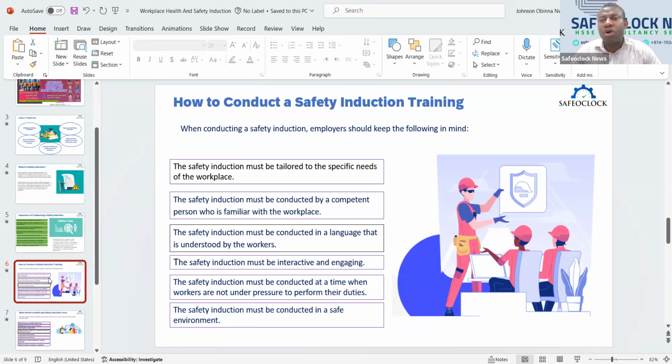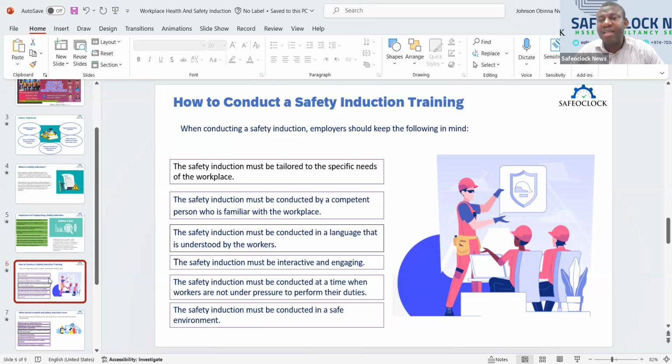For organizations or corporations that have different sites, it's advisable that your safety induction is site-based. The information communicated during the safety induction should be site-based. It should not be generic. It should be properly prepared to contain all the information and all the activities ongoing in that workplace, so that the workers will not get confused and will not miss the information.